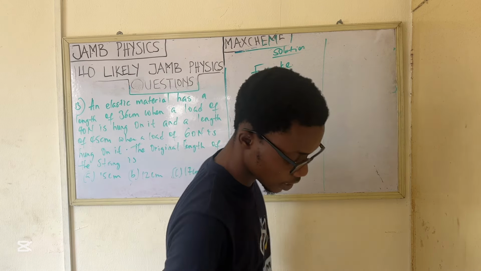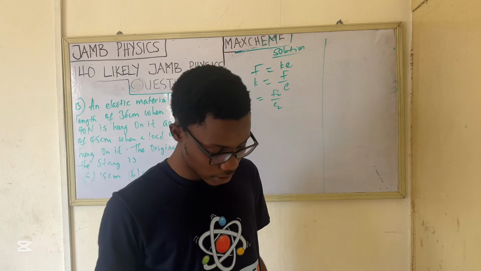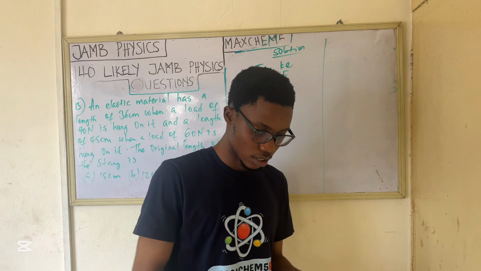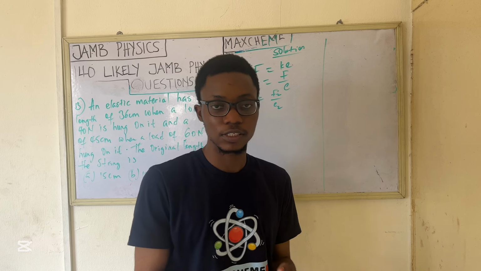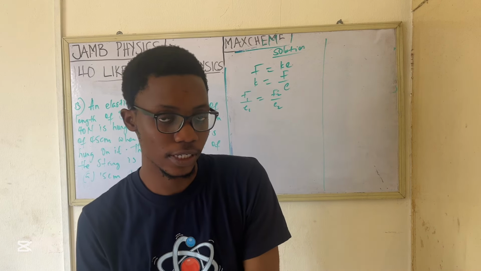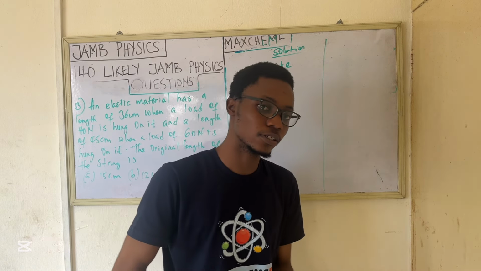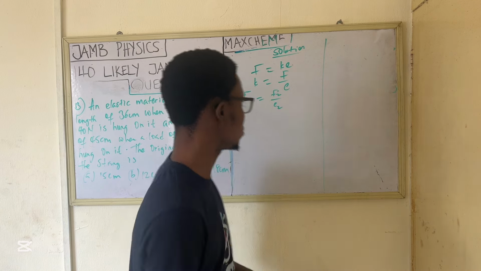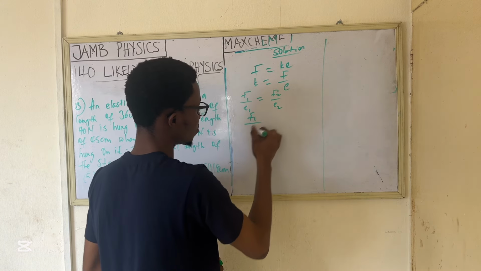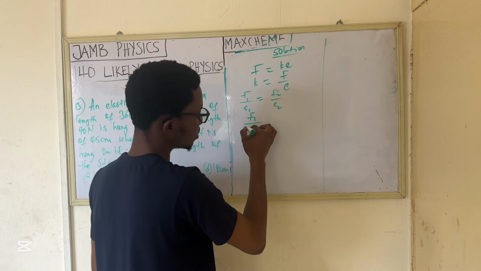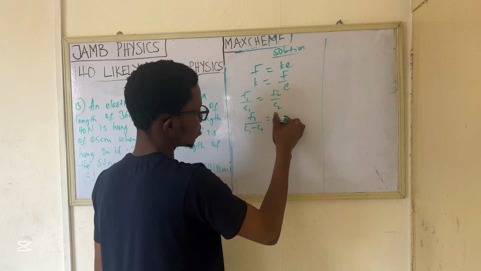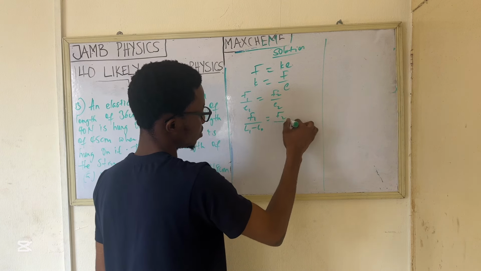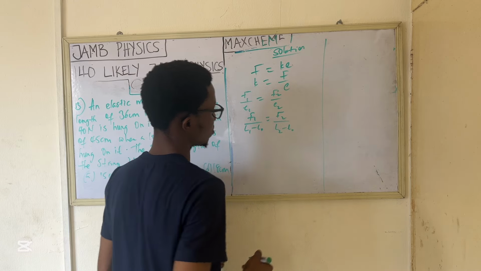Now how do you get extension? That is new length minus original length, final minus initial. So this will give us F1 over L1 minus L0 equals F2 over L2 minus L0.